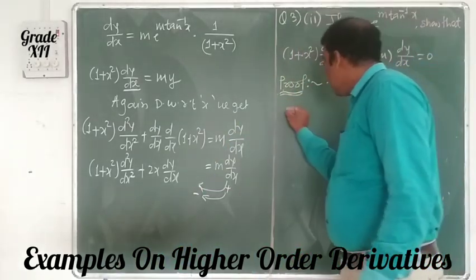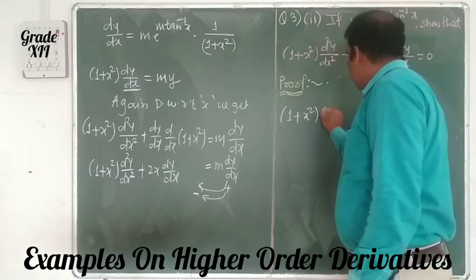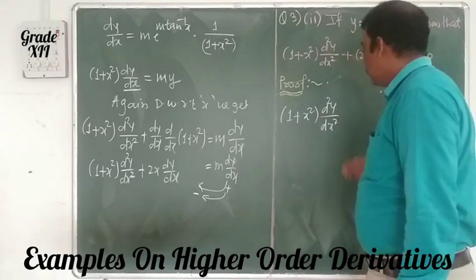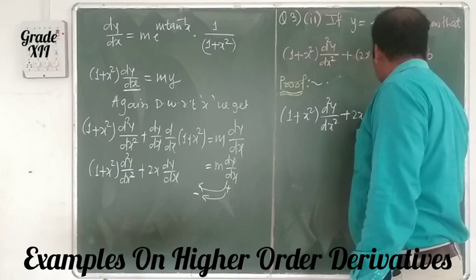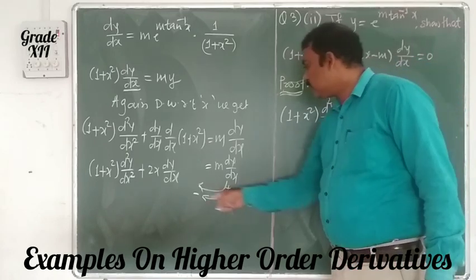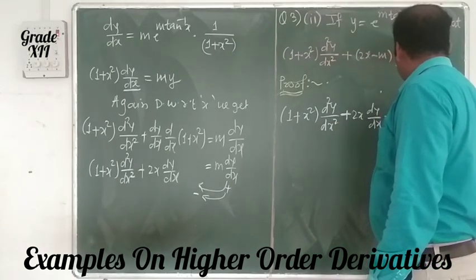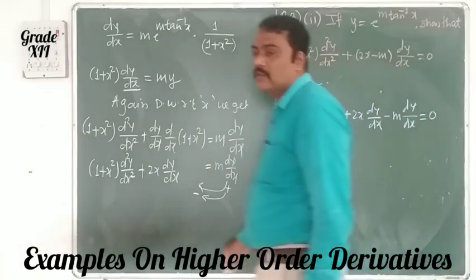So what we have to get is (1 + x²) d²y/dx² + 2x dy/dx. When we take this to the other side, it must be minus, that is minus m dy/dx is equal to 0.